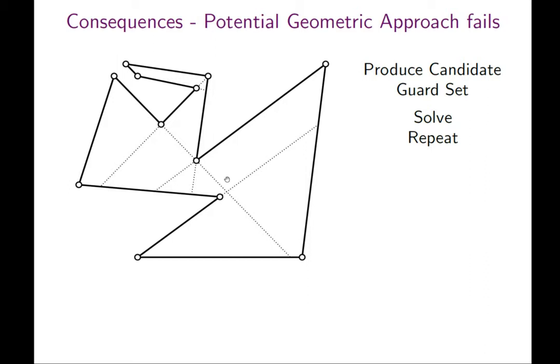And if that solution is not optimal, you have criteria for that. If that solution is not optimal, then you can repeat. So you enhance your candidate set by looking at all kinds of geometric things. So you say, for instance, at certain cells, I throw in another guard, or you look at intersections of a certain extension and you say, maybe I put one there, or intersection of extensions with edges of the polygon.